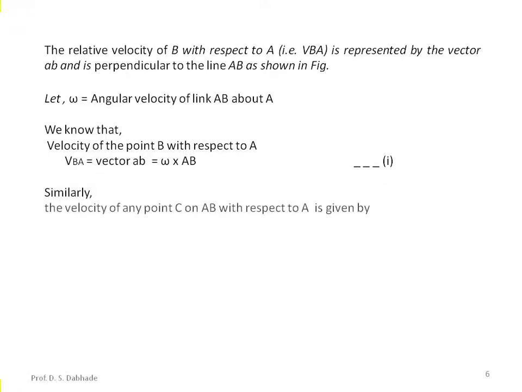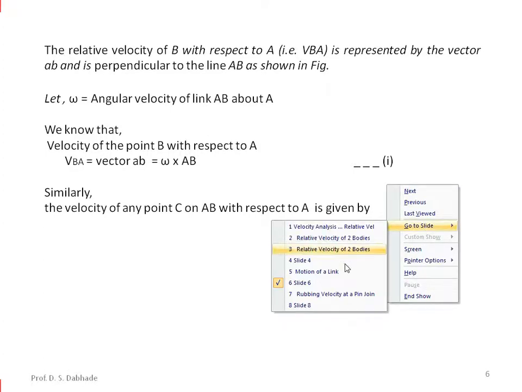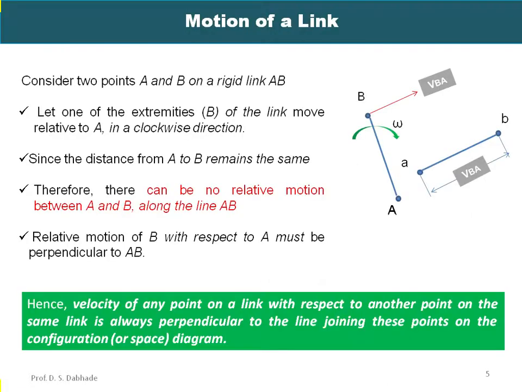Then similarly, if I consider another point, that is C, on the same link AB, we can find out the velocity of point C with respect to A. So obviously we'll have the velocity of this point C with respect to A by means of vector AC.